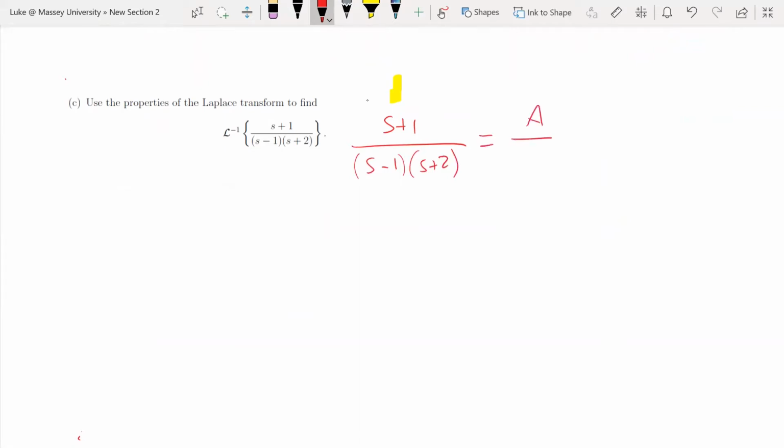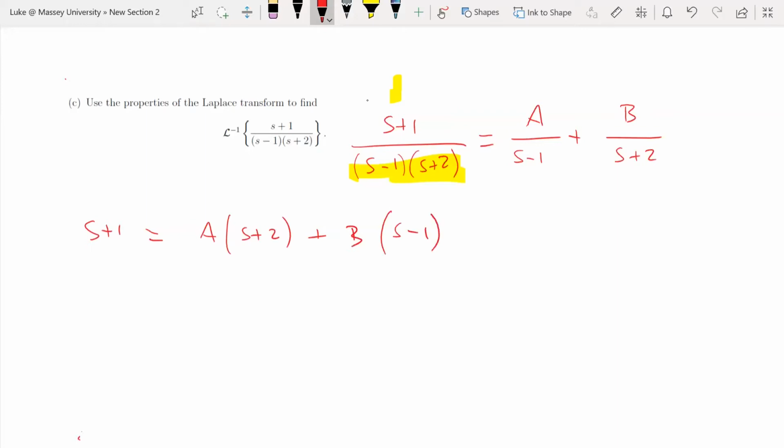So using partial fraction decomposition, I have this relation, right? Let's multiply through by the denominator here. So we have s plus 1 equals A times s plus 2, plus B times s minus 1. Very similar to all the other partial fraction decomposition problems we've done in this class. Then let's choose s equals 1 here.